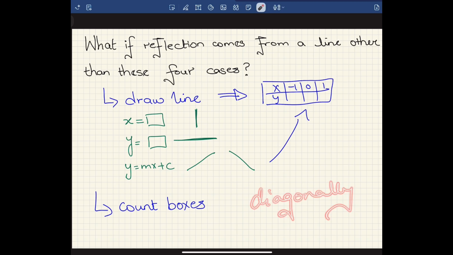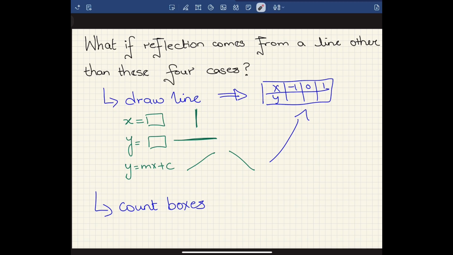Okay, so in the question paper, the question is sometimes structured in a way where they've given you the object and the image, and they ask you to identify the type of transformation that has been performed on the shape.